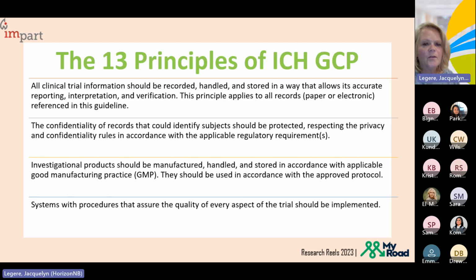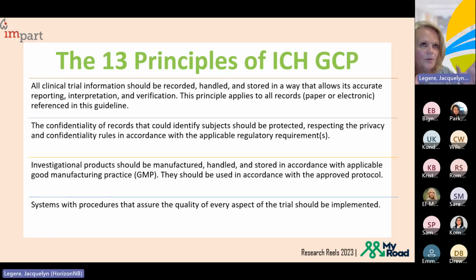Clinical trial information should be recorded, handled, and stored in a way that allows its accurate reporting, interpretation, and verification. This principle applies to all records. So whether they're paper or electronic, if you make a note on a sticky note that's relevant to a patient visit, that's considered a record. That's a clinical trial record.